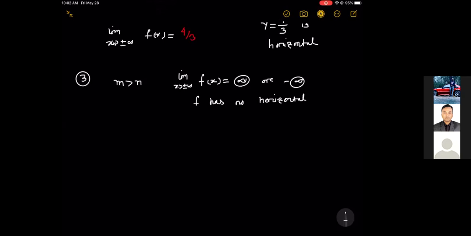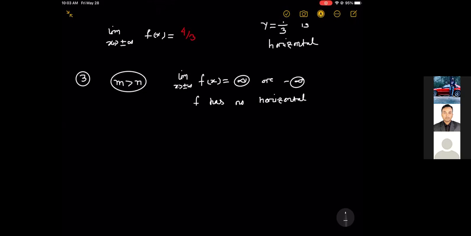We'll see examples of those. If you can't do this today, you'll definitely see some in future, so no worries. But if you remember that whenever m is greater than n, the function will eventually approach either side of infinity and will not have any horizontal asymptote.